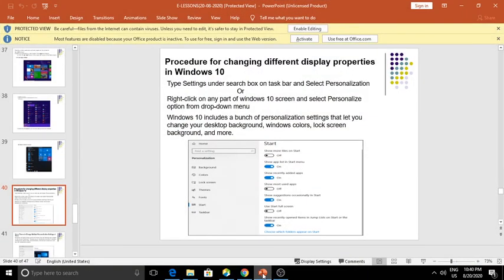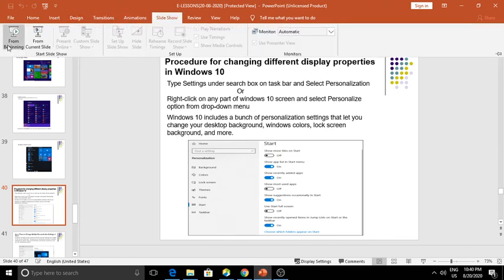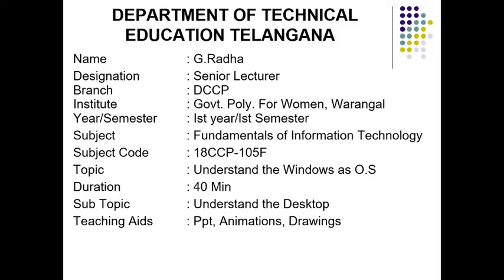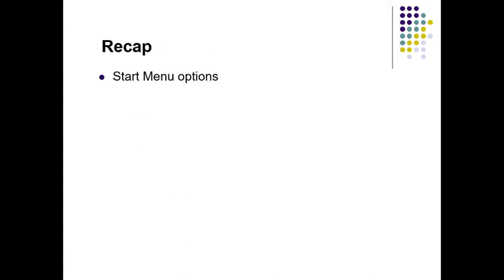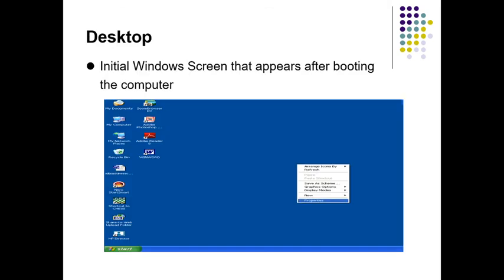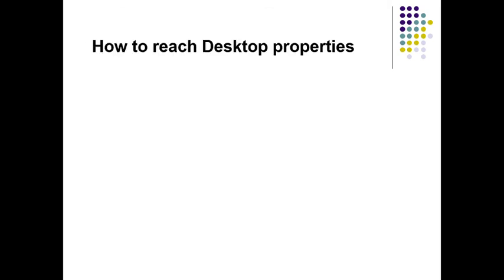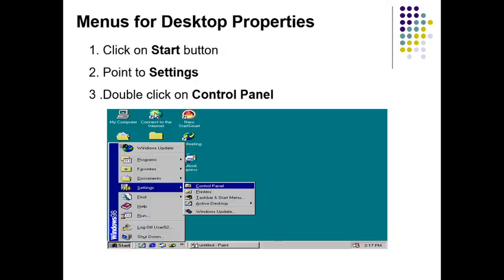So these are the topics we discussed in today's class. In today's class we were discussing the desktop settings or display properties of Windows. We have discussed the display properties of Windows 95-98, and also Windows 7 and Windows 8 desktop properties, and how to change the desktop properties of Windows 10.